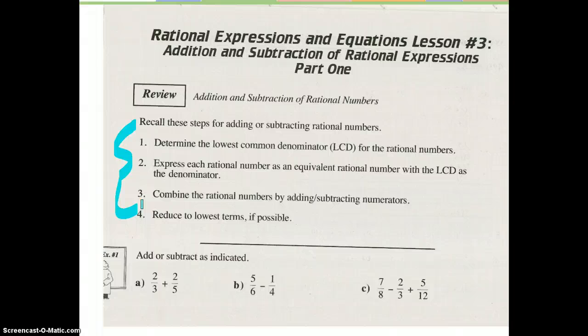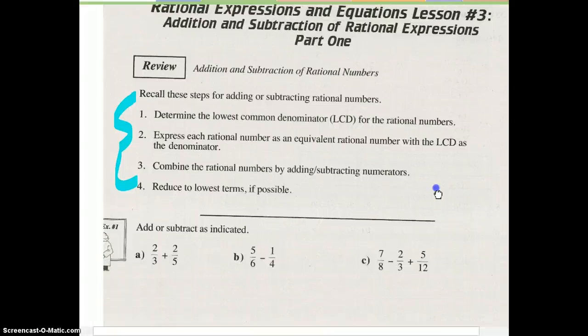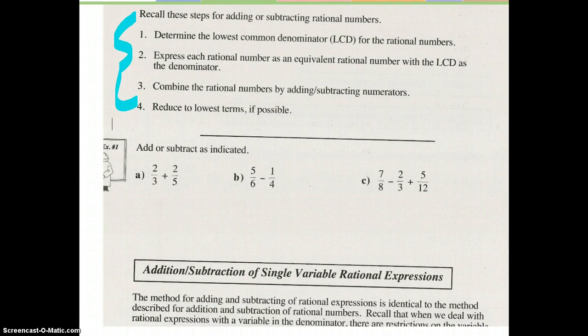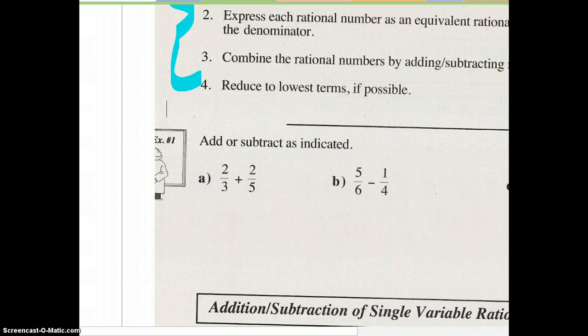So what we're going to do, I just grab my pen here, and we are going to just start with example number 1. We know we need to have a common denominator, and we need to make sure it's the lowest common denominator. So I am going to make that 15 on the bottom, and I know to get the other numbers to be equivalent, I have to say, here's my 3.